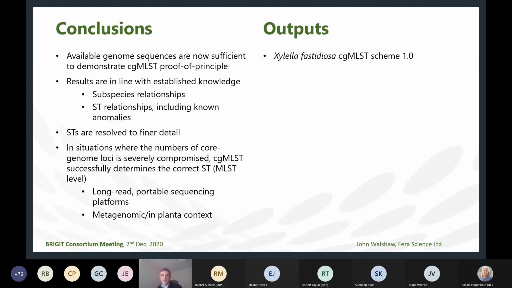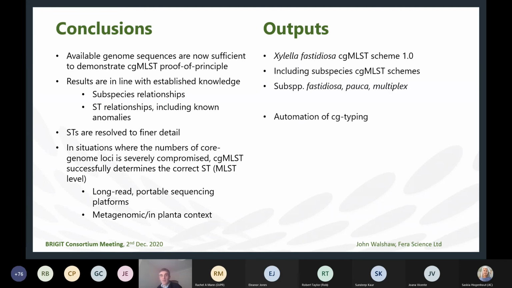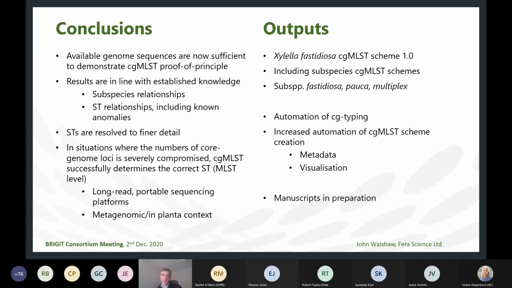And the outputs: we've got our 1.0 scheme, including subspecies schemes, and lots of scripts and software which we produced for automation built around existing third-party tools to aid visualization and analysis, and we're preparing manuscripts. And I'd better stop there. So thanks for your attention.